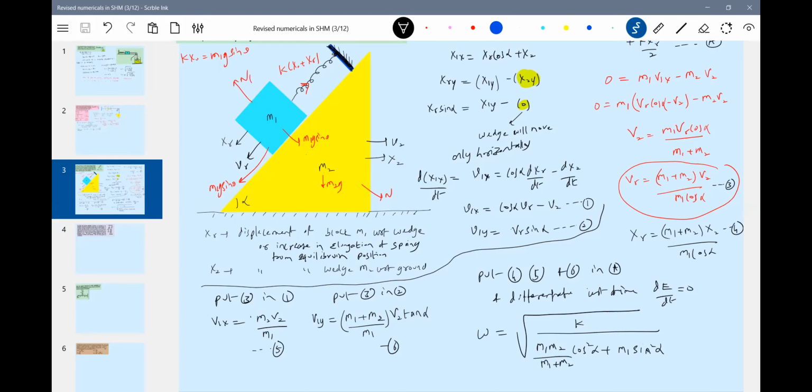So here, a2 is equal to dv2 by dt. And you have to show that acceleration a2 is proportional to the negative of displacement, minus x2. This will be your final equation. Or else we can write K into M1 plus M2 by M1 M2 plus M1 square sin square alpha. Okay, further simplification.